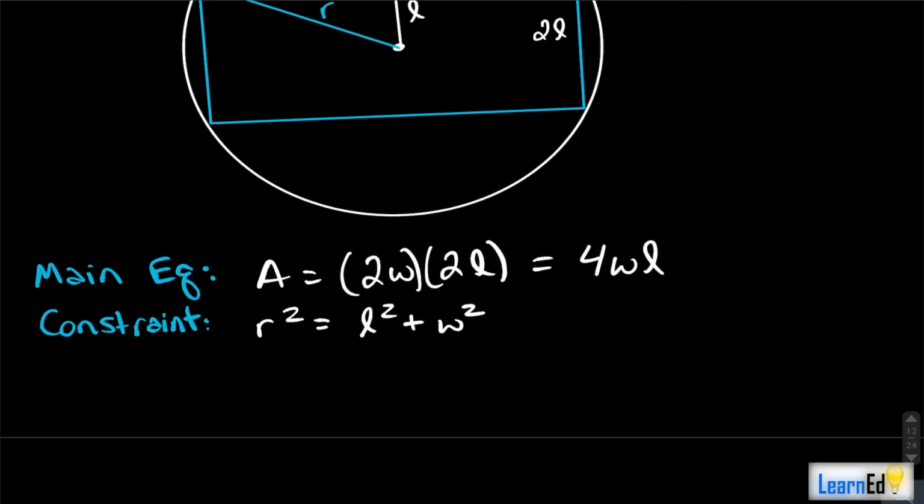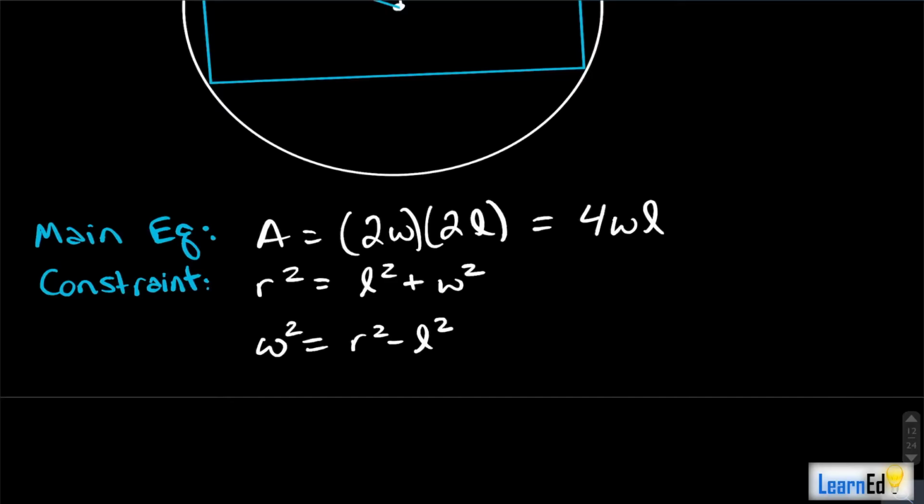But anyways, let's solve for either W or L here, and that's how we're going to incorporate R into our equation. Incorporating the constraint into our main equation is probably the most difficult part of the problem. If we do that, we get W squared equals R squared minus L squared, and then we square root both sides and get W equals the square root of R squared minus L squared.